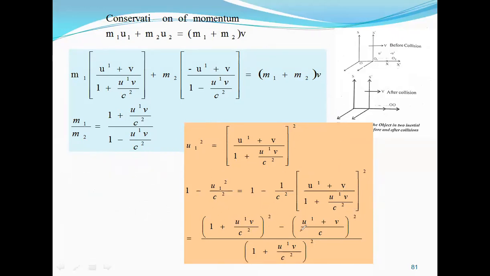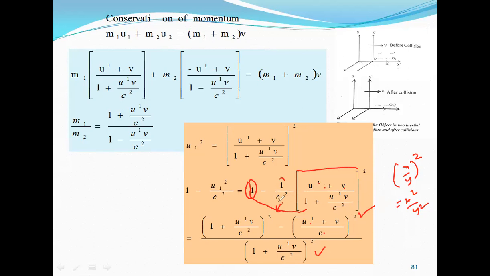So now I'm taking the LCM again. From here to here, how am I getting it? My LCM term is 1 plus u1 prime v by c square. This is the LCM square, because x by y whole square can be written as x square by y square. So I'm writing it like that, with the denominator term squared, and this will be multiplied here. The LCM means (1 plus u1 prime v by c square) whole square minus, and this c square I am bringing inside, (u1 prime plus v by c) whole square.